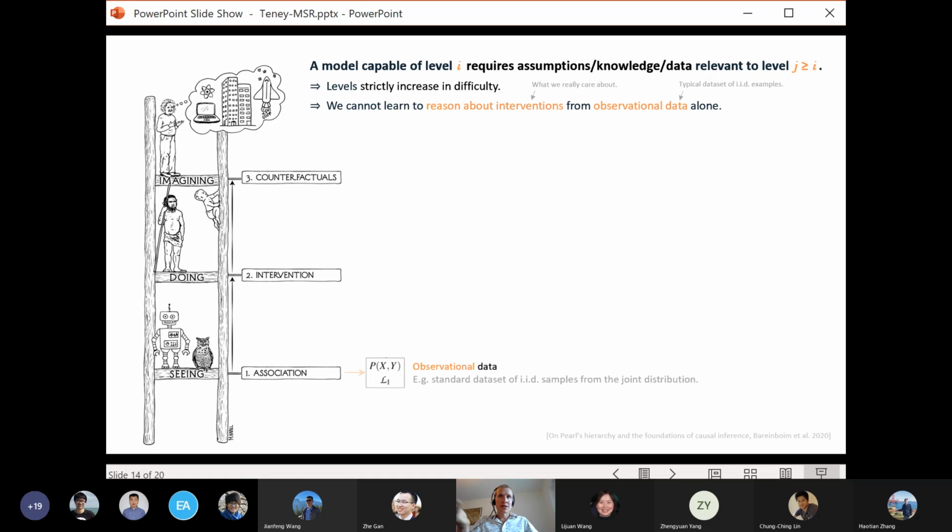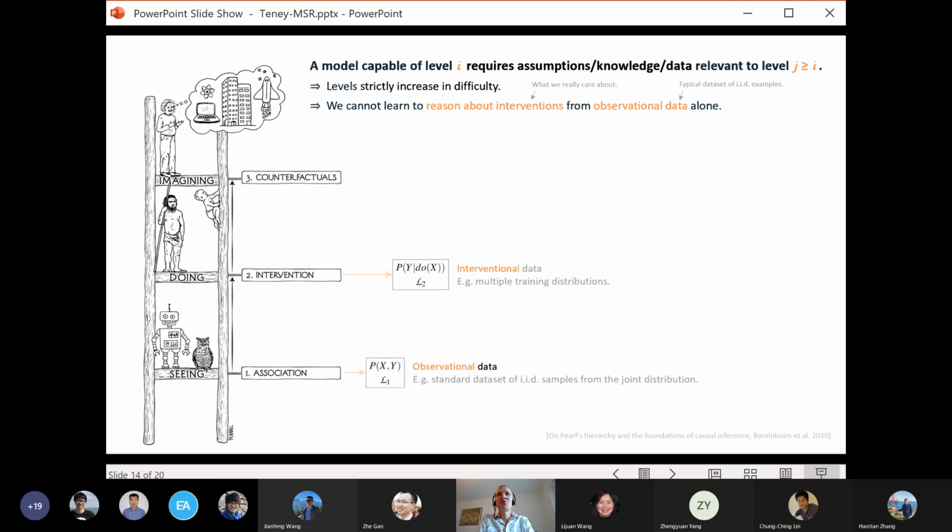So at level 1, as I said, that's your typical datasets of IID examples, nothing special here. At level 2, that's the data that we would get after an intervention, so after an action on the world that modifies the training distribution. And in practice, we could get multiple sets of images.